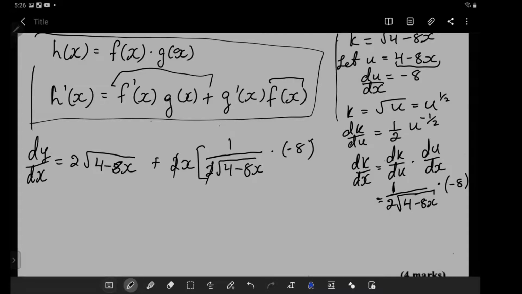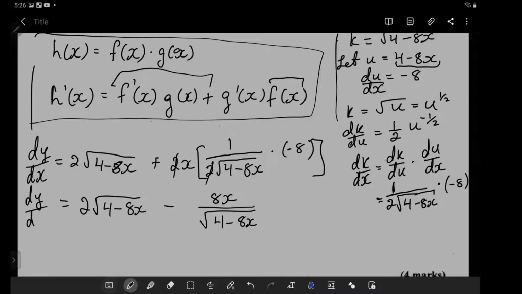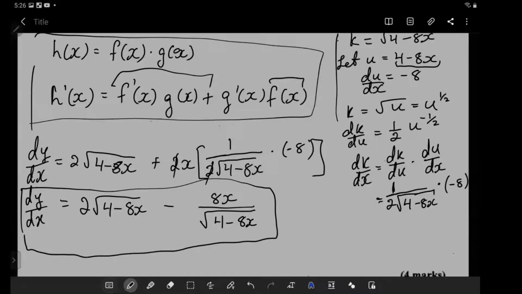The negative by the positive is a negative. So we could simplify this as 2 times the square root of 4 minus 8x, minus 8x over the square root of 4 minus 8x. And this is our dy/dx. Now you can go ahead and try to simplify this further, but I believe this is sufficient. All right, and that's our answer.